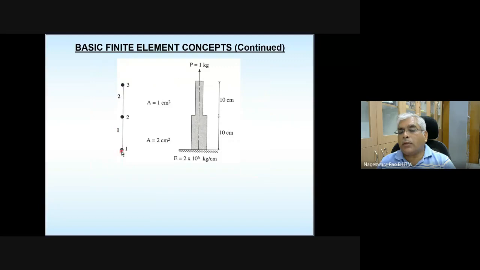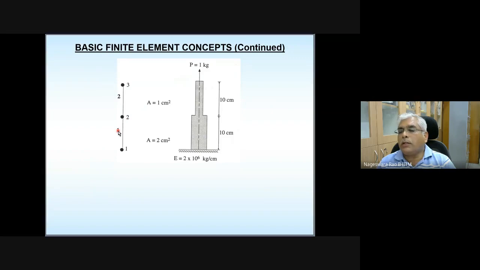This node 1 is the first node of this element. Node 2 is the second node of this element. Because we are assuming the x-axis to go in the upward direction, this is the first node, this is the second node. So element 1 is connecting nodes 1 and 2.